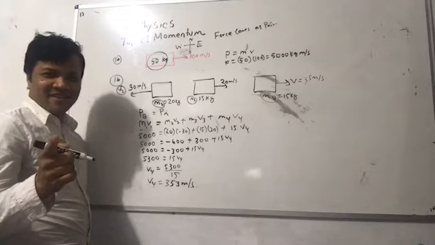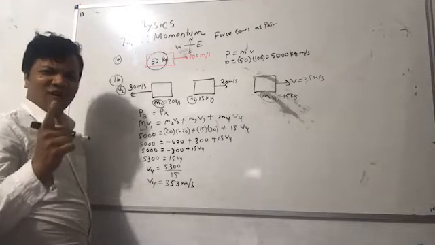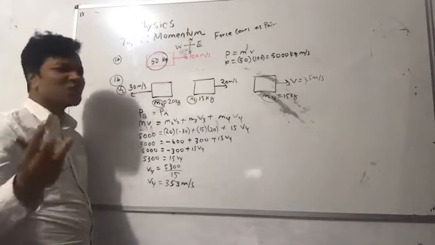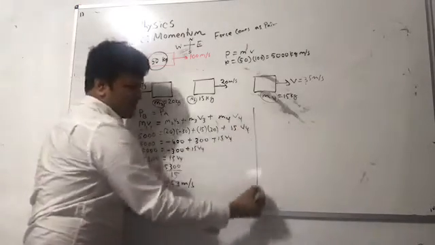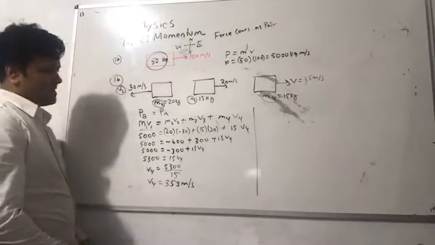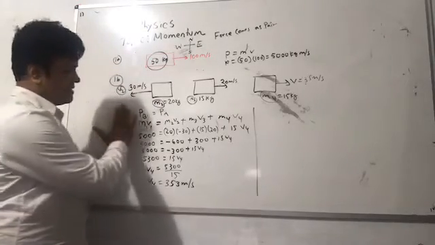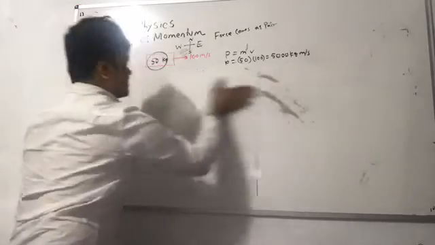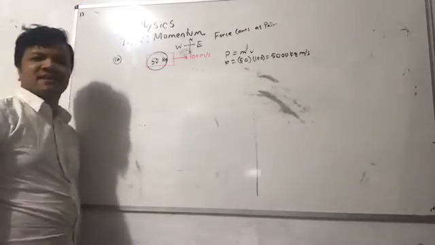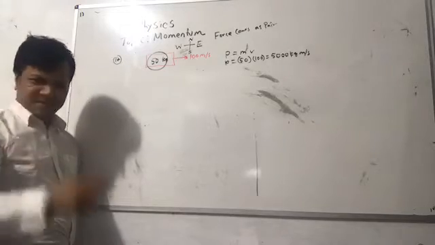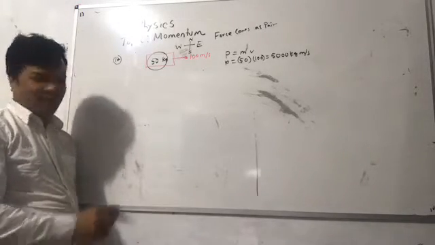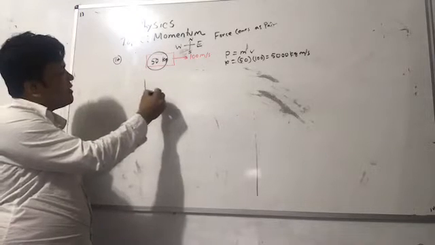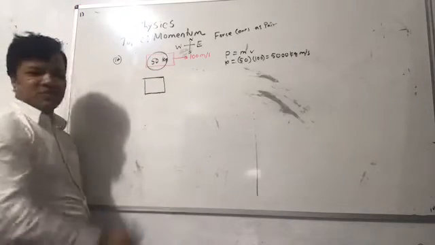Now, all of a sudden, it broke down. Instead of 3 pieces, 2 pieces, for example. I'm going to erase that. Okay. And instead of 3 pieces, let's say it broke into 2 pieces.